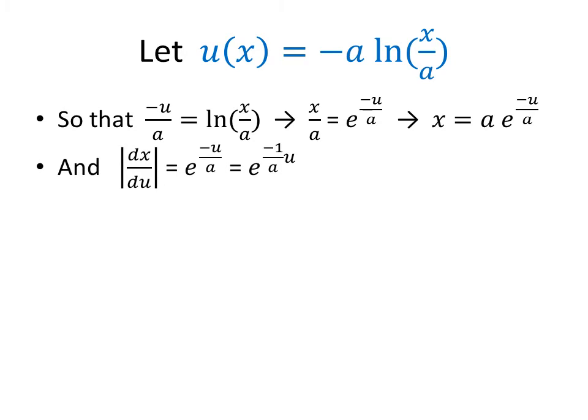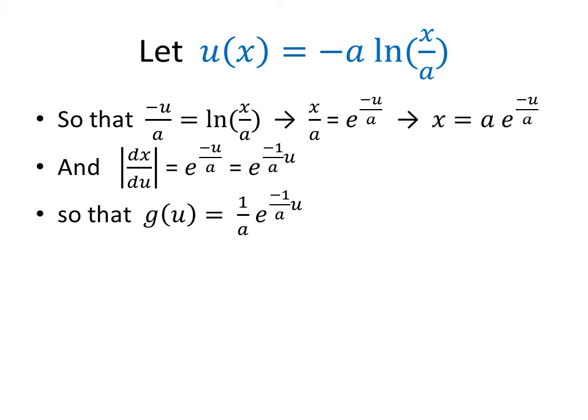Now, the next step, if you'll recall, is to take the absolute value of the derivative of x with respect to u, which gives us this result. And in the next step, we substitute into the formula for g of u.